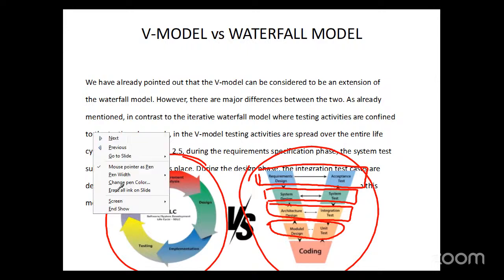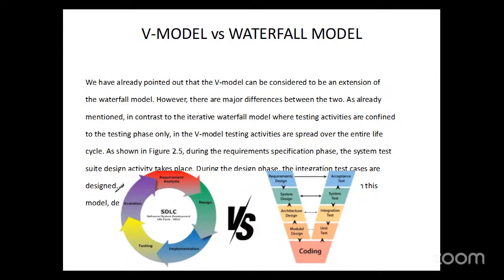Then we have also seen the differences between the V model and waterfall model. So a lot of topics are there. That is, a lot of headings, side headings, sub-side headings you will be getting in subjects like this. You have to remember all those things so that you can do well in your exams.